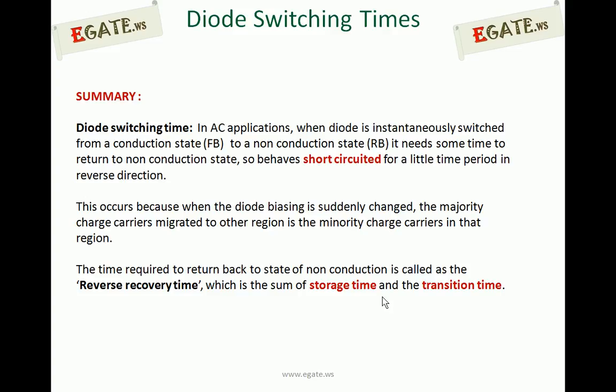This occurs because when the diode biasing is suddenly changed, the majority charge carriers that migrated to the other region are the minority charge carriers in that region. The time required to return to the state of non-conduction is called reverse recovery time, which is the sum of storage time and transition time.